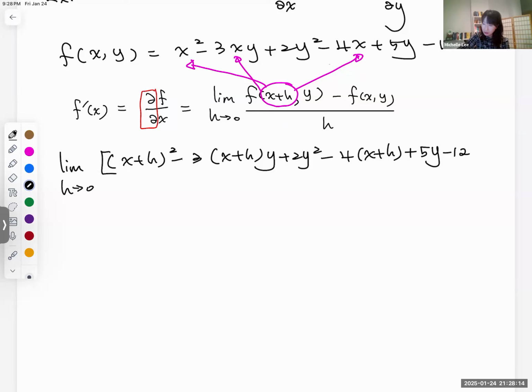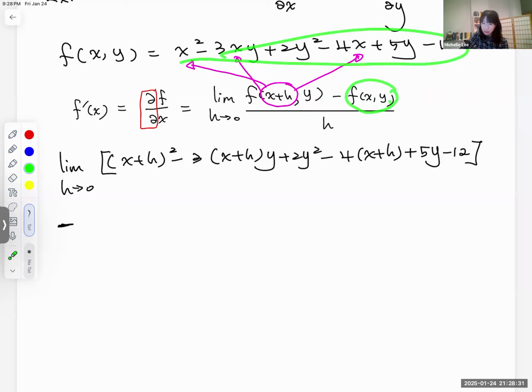Okay, we finished the first term. Now we want to do the second term, so minus f of x, y.